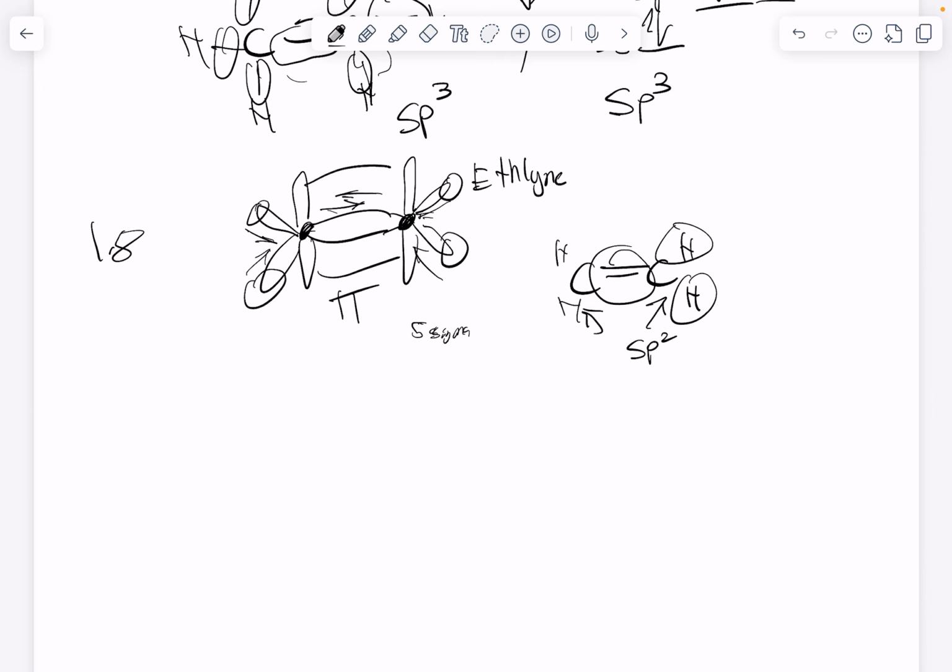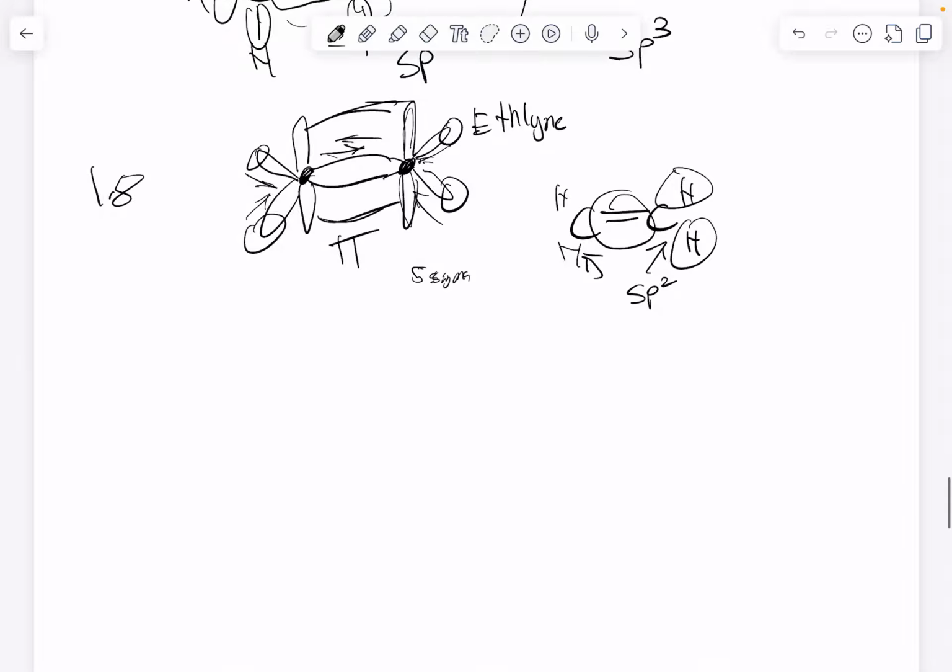But then these other p orbitals that aren't being affected are going to be forming a pi bond. Because remember, it's a dumbbell. We have this dumbbell here, so it's above and below. And we have this above and below. So pi bonds are side to side.